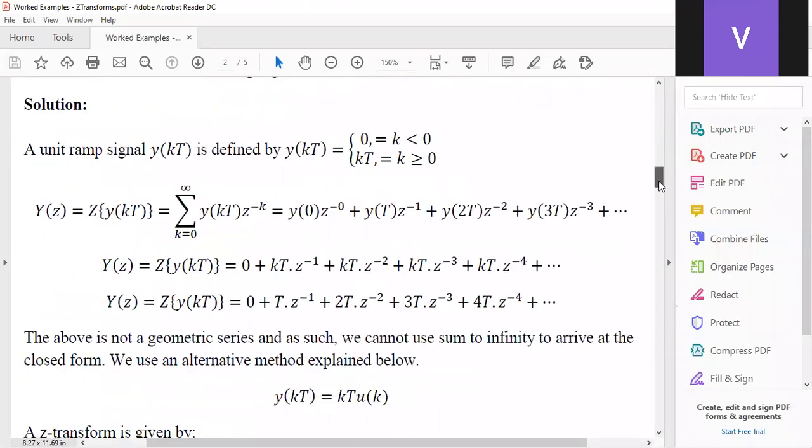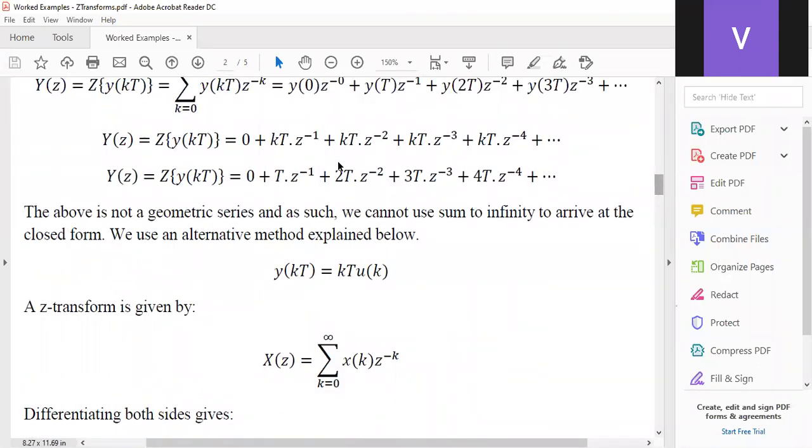But in this case, let's go back to this example. This is not a geometric series because, okay, the first term is 0, this is the second term. You can say that if I multiply this term by 2 over z, I will get this one. But then, if you multiply this by 2 over z, you're going to get 4tz minus 3.